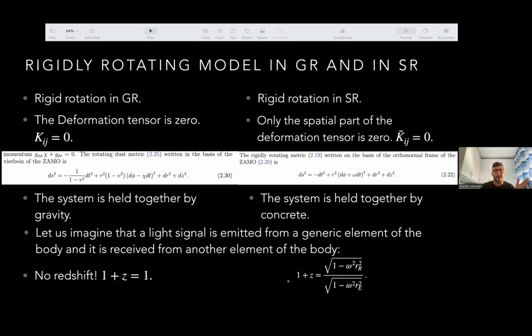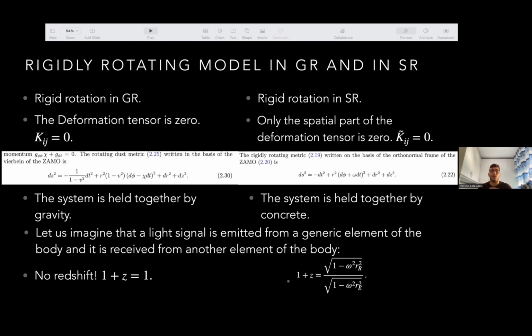Then I wrote down the metric in the GR case and in the special relativistic case. What's the difference? It may sound stupid, but I think it is profound. The system in general relativity is held together by gravity, while in special relativity, the system is held together by concrete. So the one on the left is non-accelerating.